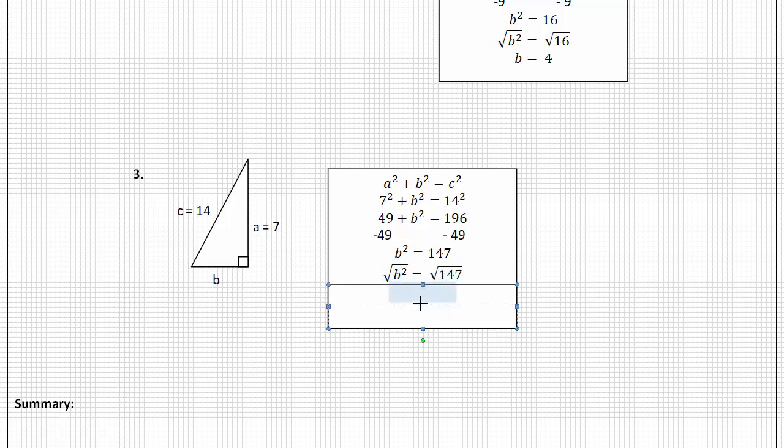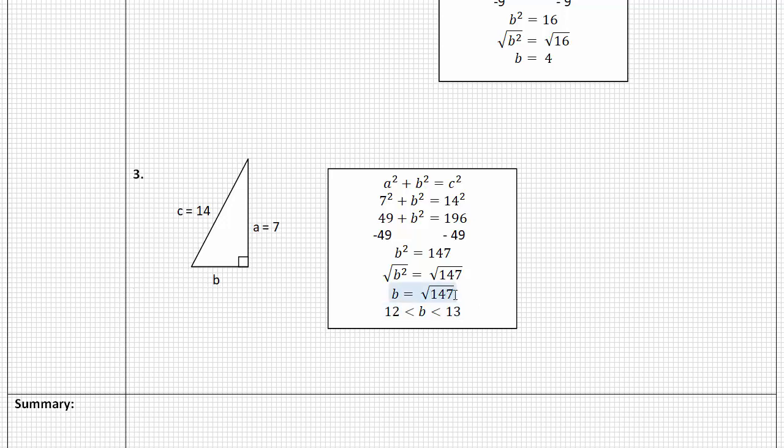So I'm going to leave it in its radical form. b is equal to the square root of 147. I know that b is a decimal that is in between 12 and 13, because as I said, 12 squared is 144, and 13 squared is bigger than 147.